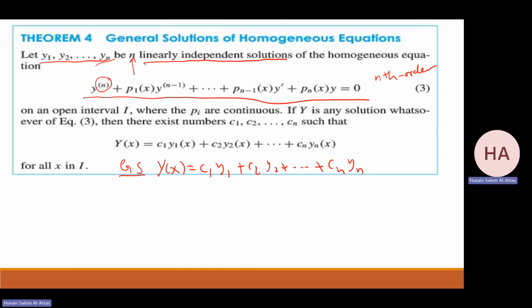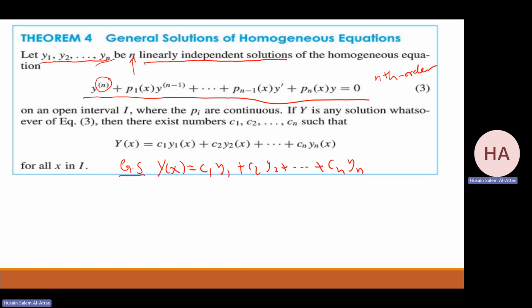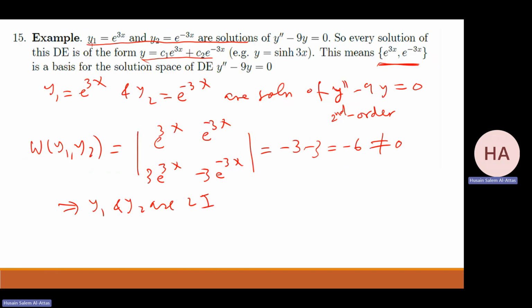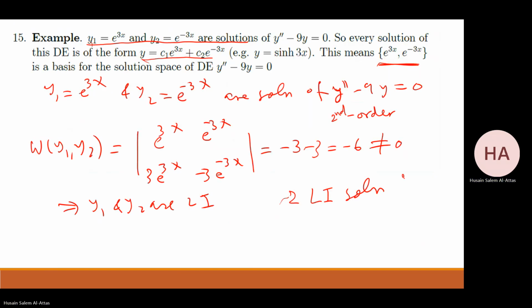Let me go back. The equation is second order, and I have two linearly independent solutions. I have n equals 2 linearly independent solutions, which are y1, y2.